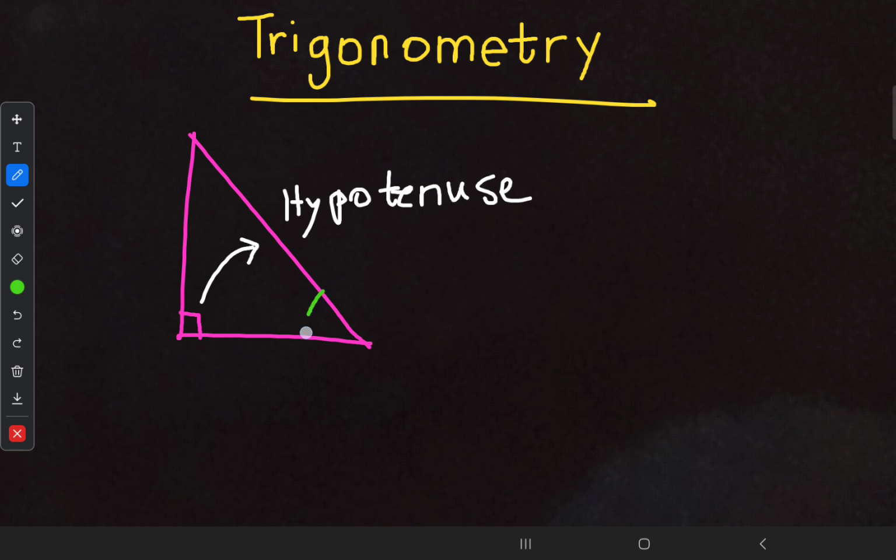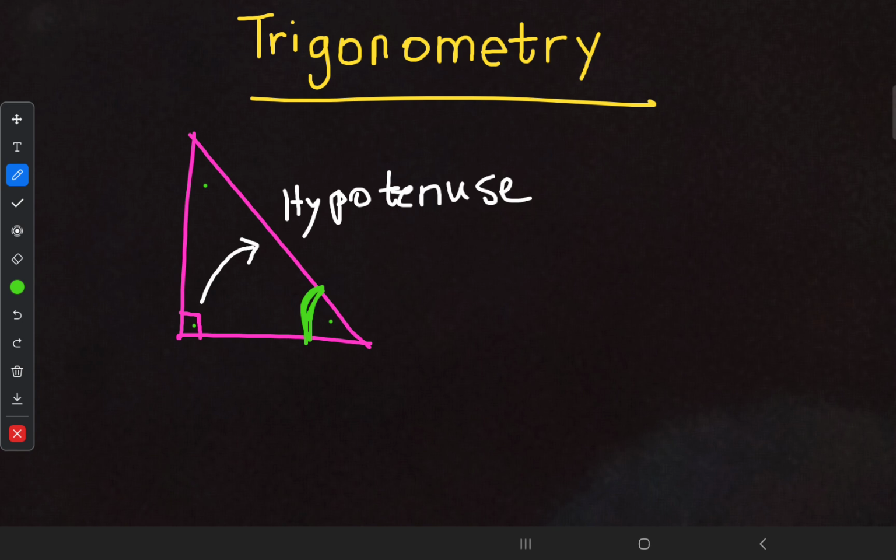When I consider an acute angle, in a right triangle there are three angles. One is a right angle, which means its magnitude is 90. According to the theorem, the sum of the interior angles in a triangle equals 180, so all these three angles sum to 180.